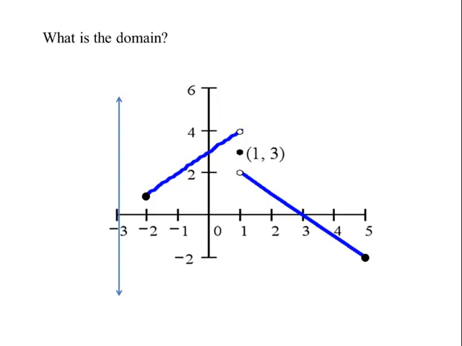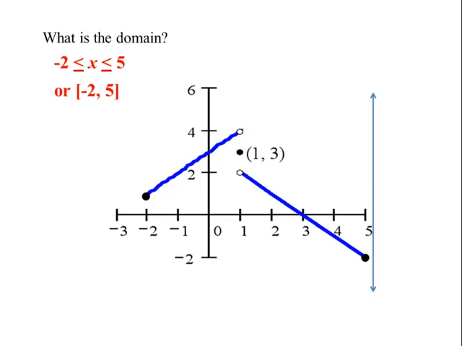What is the domain? So if you recall, the domain is all the x values that have a spot on this graph. So if we think about our pencil being on the x-axis, we're going to slide this along this function, and we see what x values have a spot on this graph.